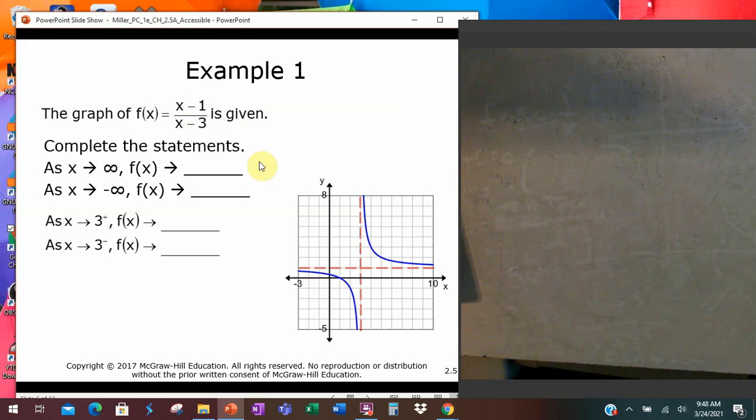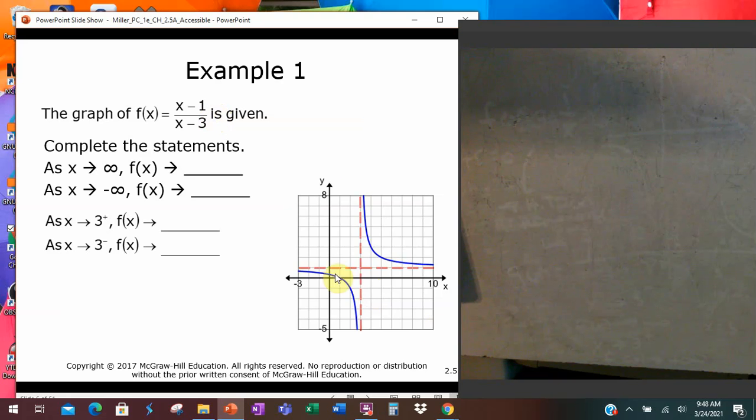No matter what this is, at x equal to 1, this is 0: 1 minus 3 is negative 2, and negative 2 times 0 is 0. All of our zeros are going to be based on where the top is equal to 0. Where it blows up, the infinite behavior is around where the bottom is equal to 0.